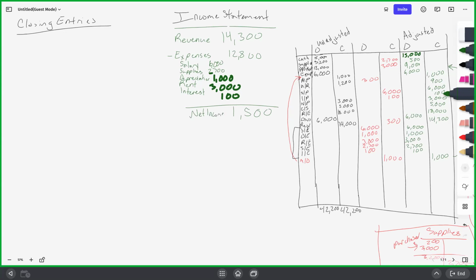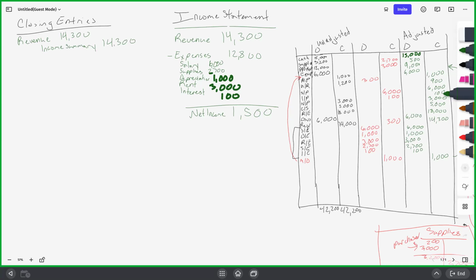All right. So what's that in closing entries? Income summary. Is that debited or credited with revenue? Revenue is debited, income summary credited.